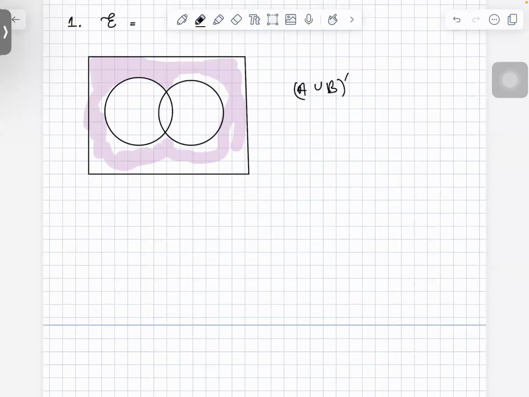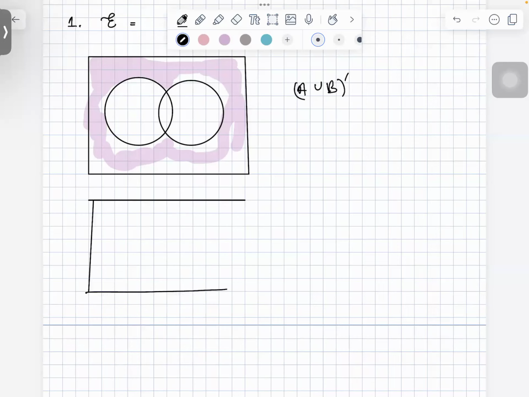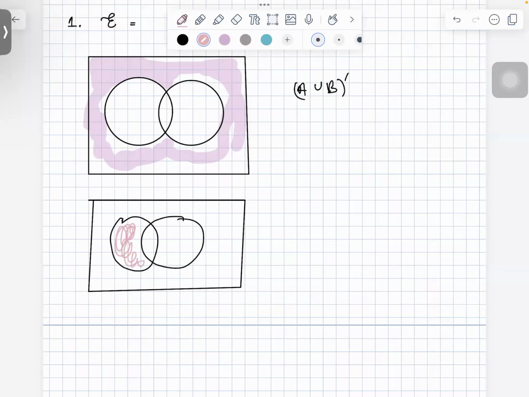Okay. Wait. This, this. Only this region is shaded then.